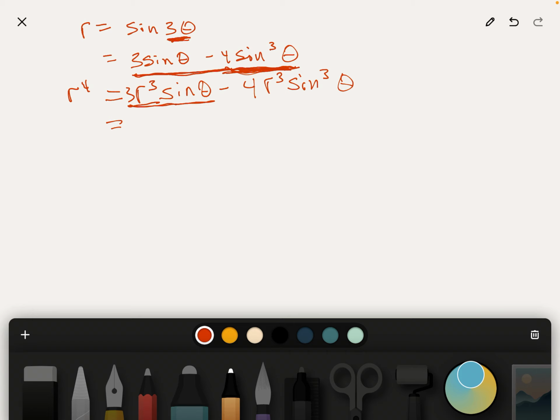I think you know what I'm saying. So it's 3r squared times r sine theta, which is y. And over here, you've got an r cubed times a sine cubed theta. Well, that's basically y cubed. So it's 4y cubed.